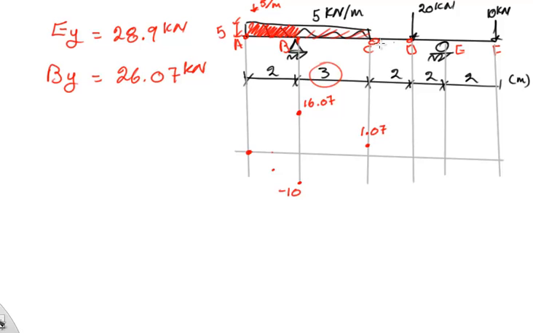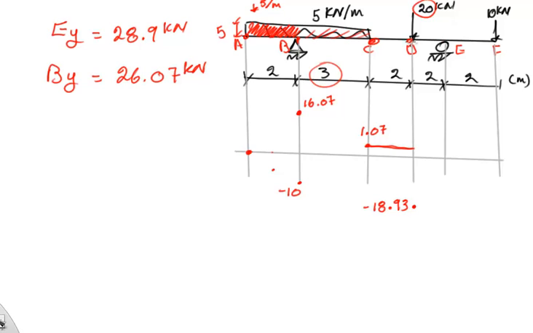Between C and D, there are no forces, so I'll continue in a straight line. Now the 20 will push me down, so I'll get to negative 18.93. I was at positive 1.07, and I was pushed down by 20 units, so I'll get to negative 18.93.